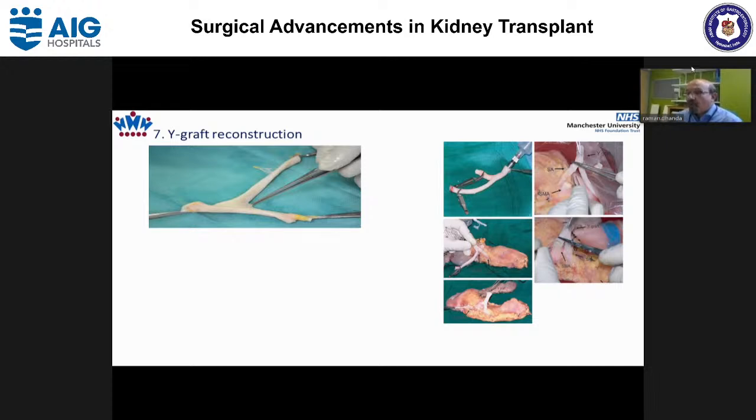So the most important part here is to ensure that you first of all carefully dissect all the periadventitial tissue around the vessels, and particularly at the aortic, this common iliac bifurcation, you sometimes have a vasa vasorum, which, if not carefully retrieved, can cause a tear in this area, and I've seen up to 1 centimeter hole in the bifurcation of the iliac artery. If you miss this, you're going to be in big disaster after reperfusion, because you'll have no way to control it. So it's always good to make sure that there is no bleeding from there.